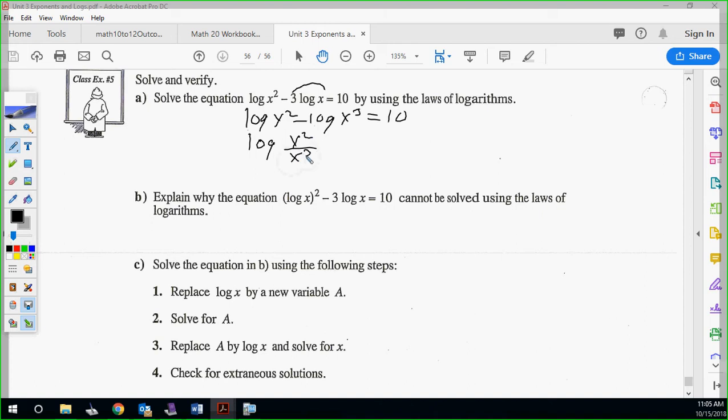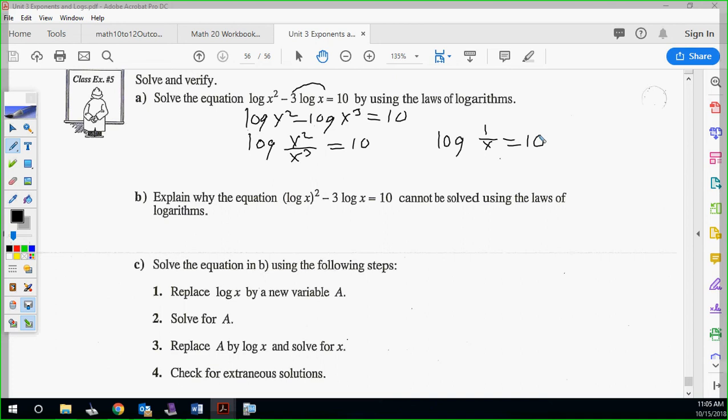And we can simplify x squared over x cubed. So I'll stop there, catch up. So first thing, push the 3 up, write them with division, simplify them. X squared over x cubed is 1 over x, and now I'm good to go to exponential form.